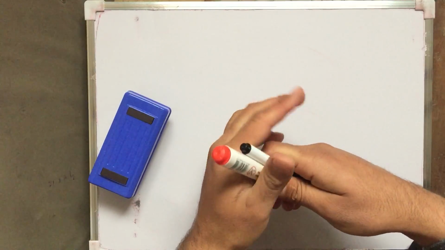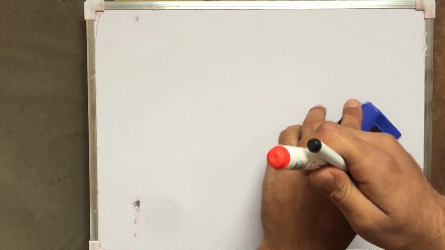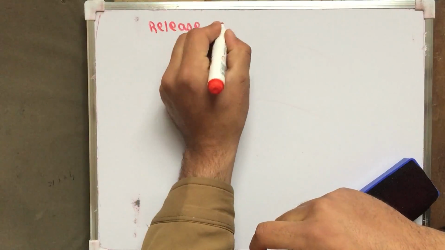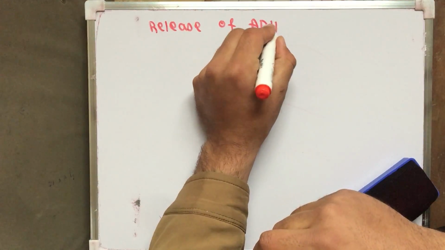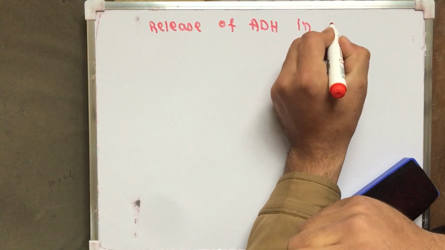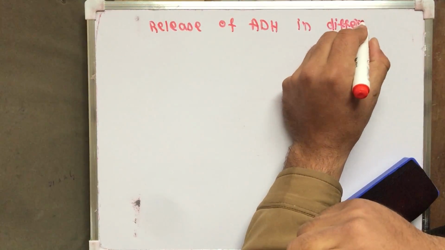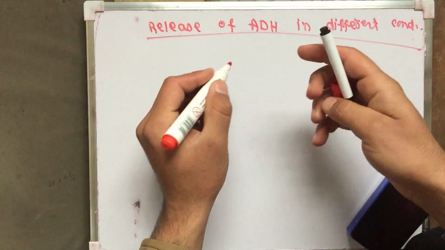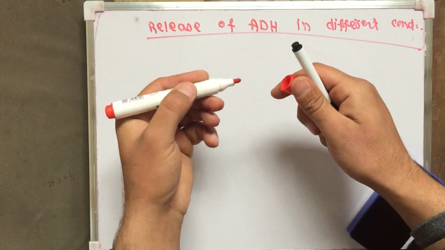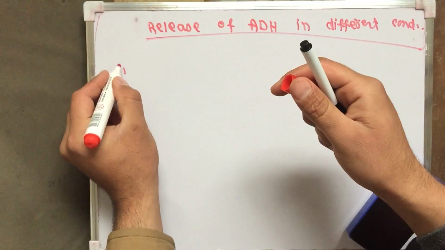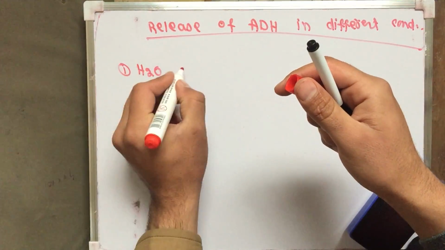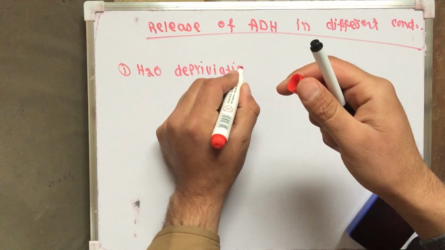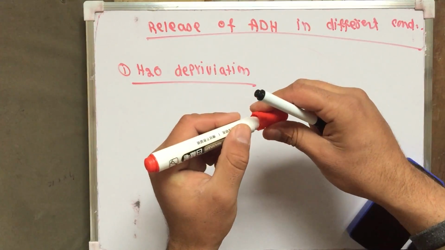Now in which conditions ADH is released, we will discuss. Release of ADH in different conditions. There are many conditions in which ADH is released. Number one is H2O deprivation.